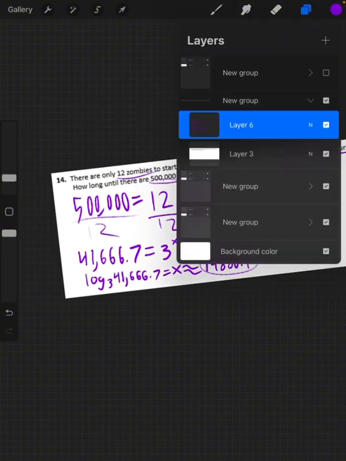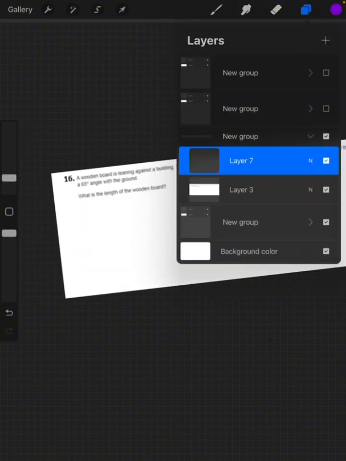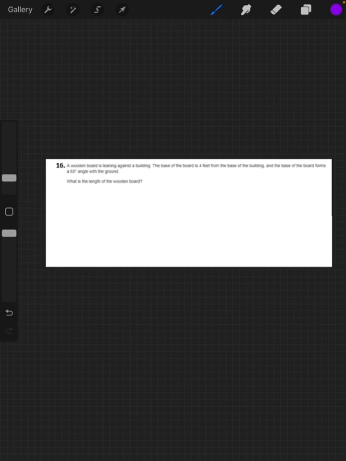There. That's probably not the same answer I got on the math homework, because we probably rounded it differently, but whatever.